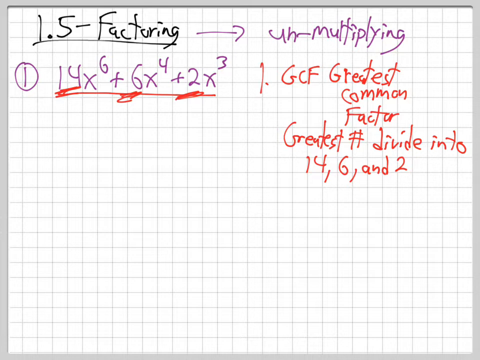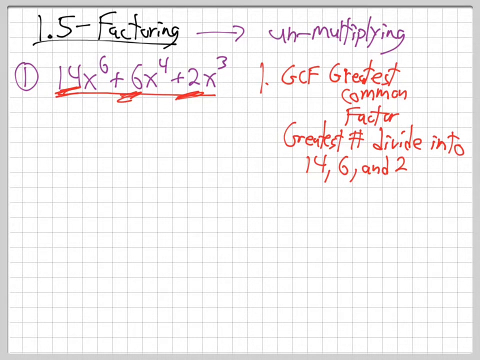I just grab those three numbers and I find the greatest number, the biggest number, that'll divide into all those numbers. In other words, what do they have in common? What goes into all of them?